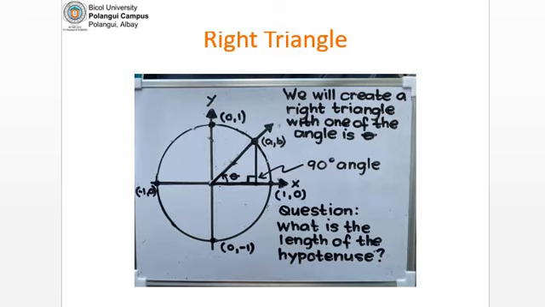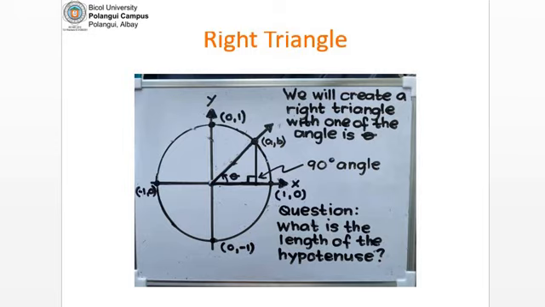We will now create a right triangle and make theta one of the internal angles of the triangle. Take note that when we say a triangle is a right triangle, it means that one of its internal angles is 90 degrees. The 90-degree angle is represented by the square box.